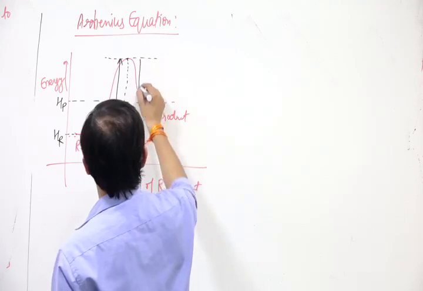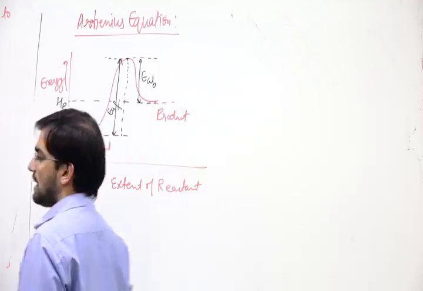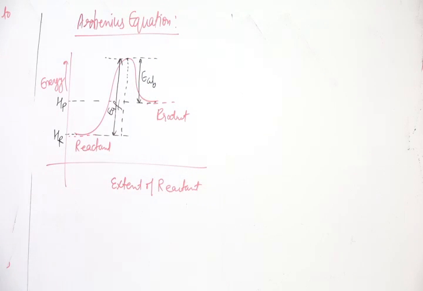And this gap is known as EAB, the activation energy of the backward direction.